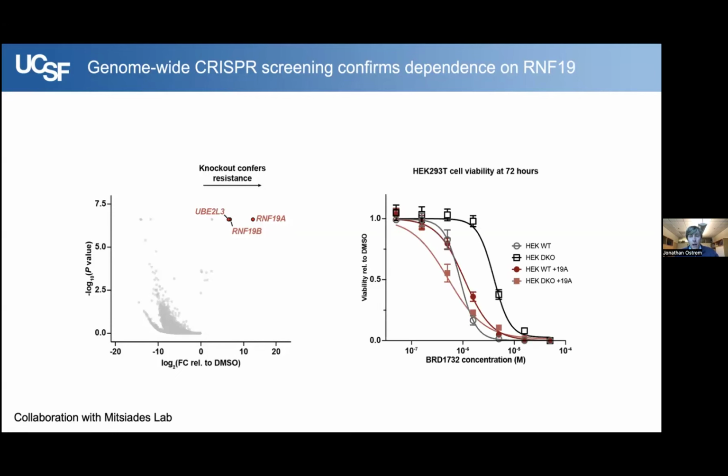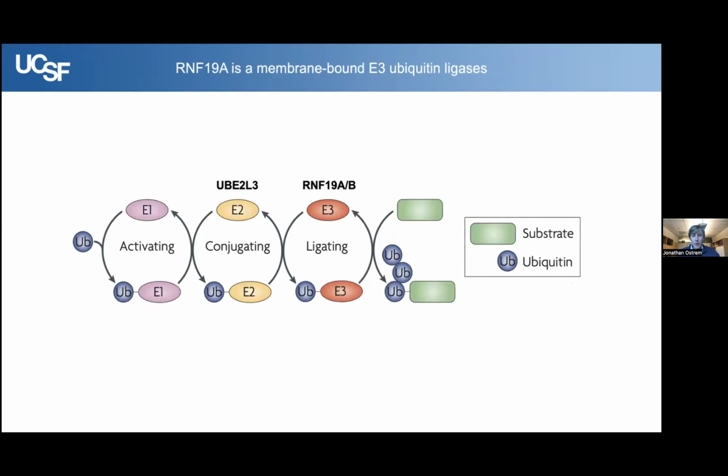Moving into a different cell line, HEK293T cells, we made a double knockout and showed that knocking out both RNF19A and RNF19B confers resistance. If we then re-express RNF19A, we're able to reinstitute the sensitivity to the compound. So again, this is just where these sit in the cascade of ubiquitination.